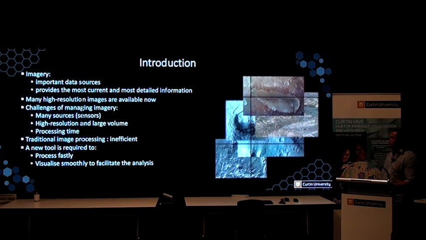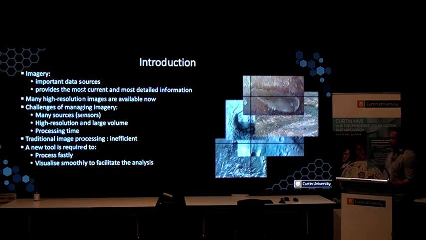As you know, imagery is one of the most important data sources, as it can provide the most current and the most detailed information about an area of interest without actually going there. And currently, due to the advances in remote sensing, the image resolution has dramatically increased from kilometers to centimeters per pixel.